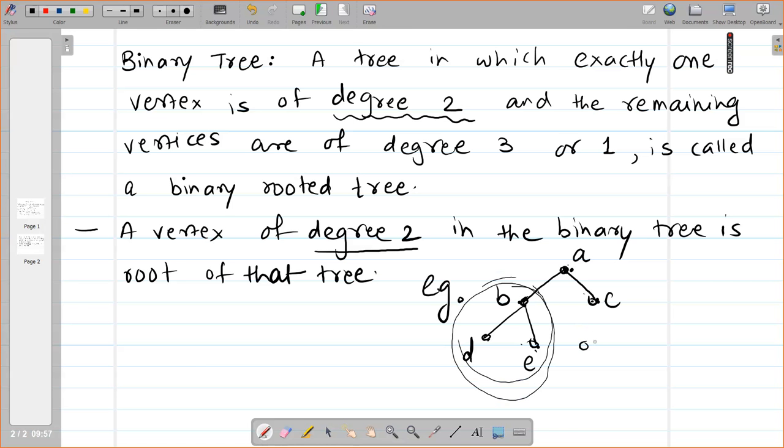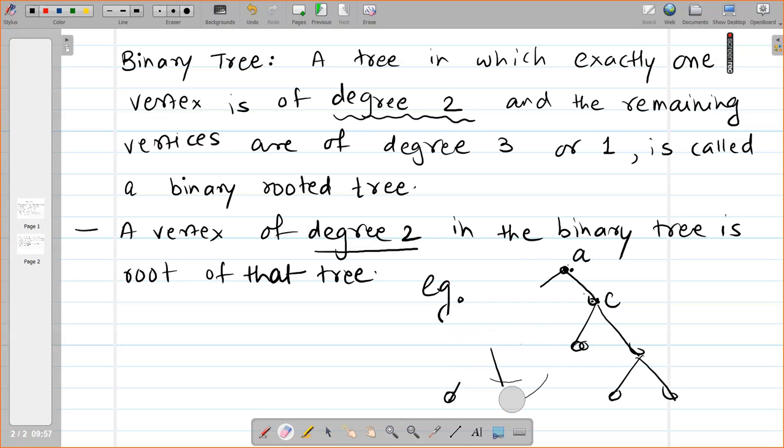So similarly, you can have something like this also. This is a binary tree. Let me just draw it neatly. This was our B. Then from B we had D and E. And from D now I am having more.